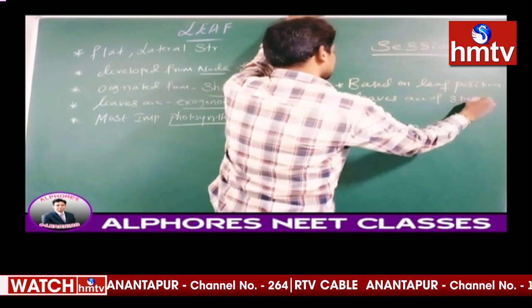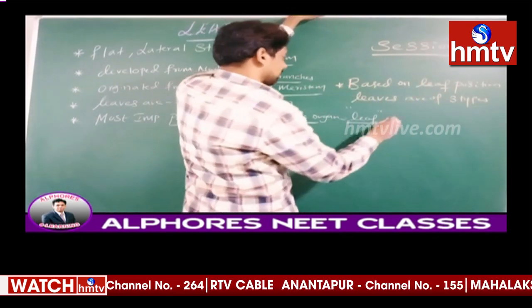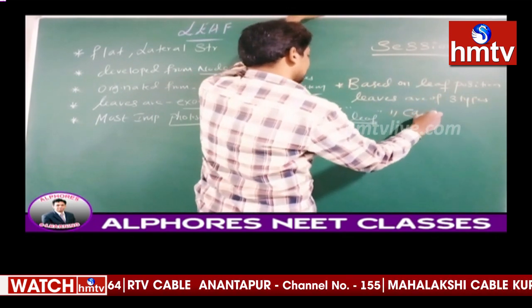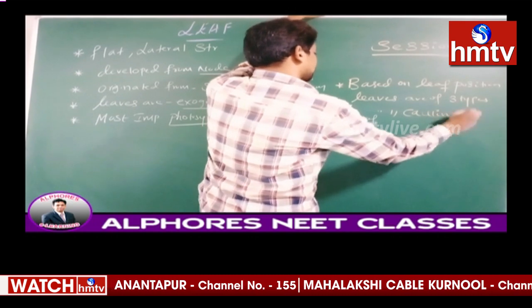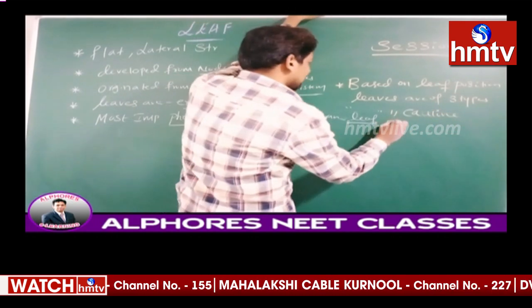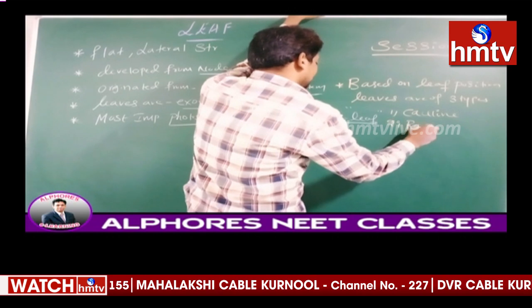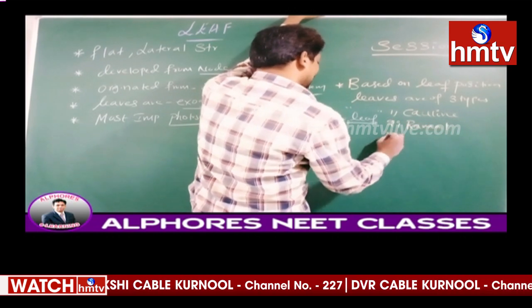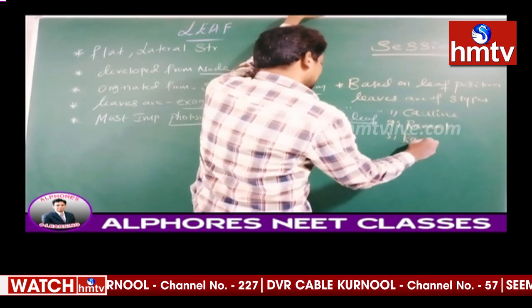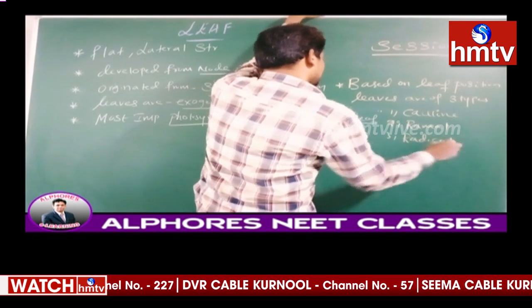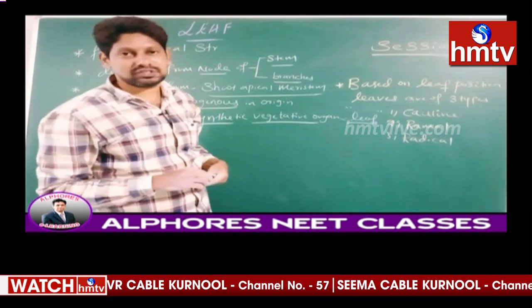Three types. What are they? Number one, cauline. What is the first one? Cauline. The second one is ramal. The third one is radical. What is the third one? Radical leaves. Okay, right?